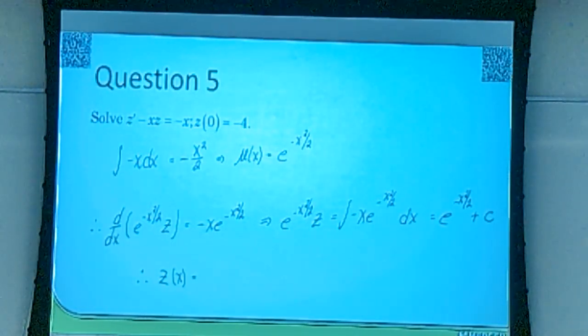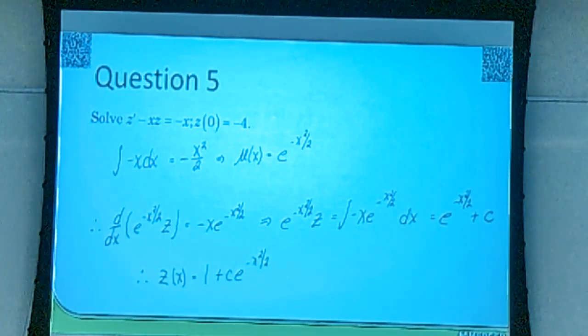General solution, z of x equals one plus c e to the negative x squared over 2, right? That is the general solution.